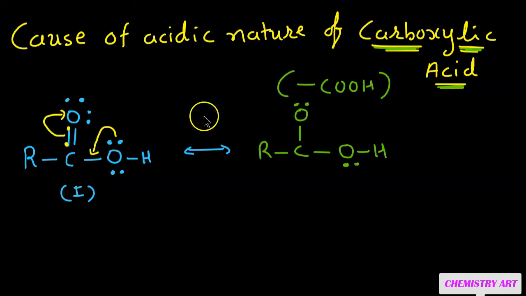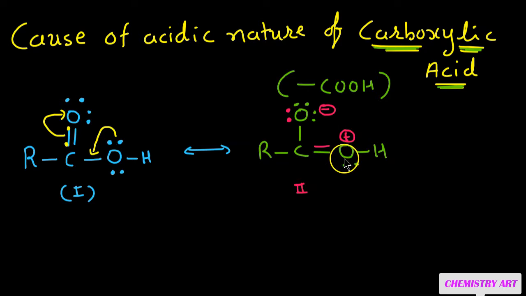As we know, 2 lone pairs of electrons were present on this oxygen, and 1 electron from this double bond transferred over the oxygen. So I can show the new lone pair of electrons on this oxygen, and that's why this oxygen became negatively charged. And what about this oxygen? It is losing an electron and a new bond is formed over here, and the oxygen has now become positively charged. So this is structure number 2, and here you can see the oxygen is positively charged.